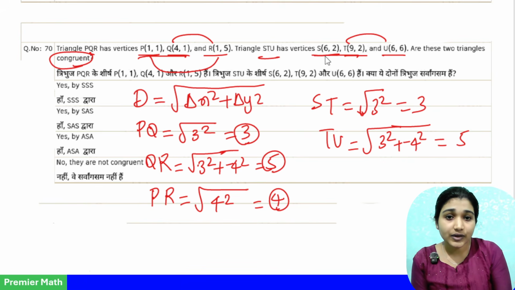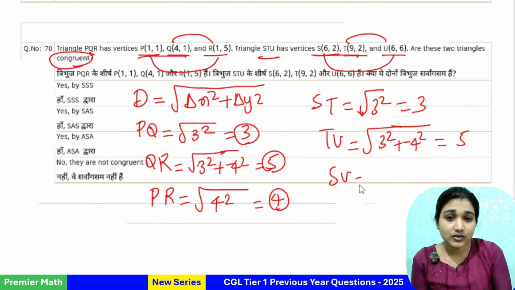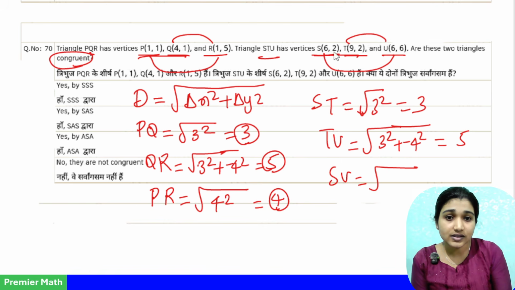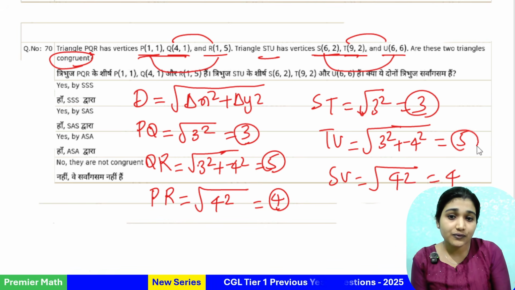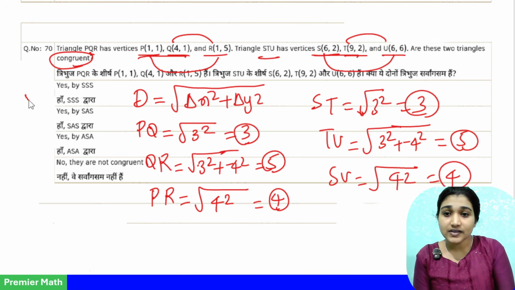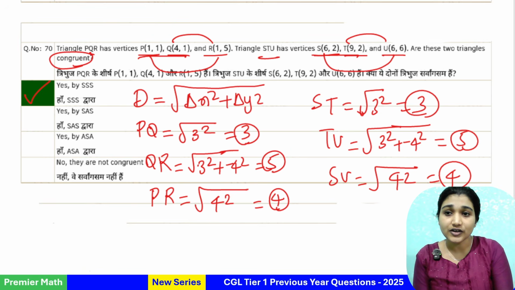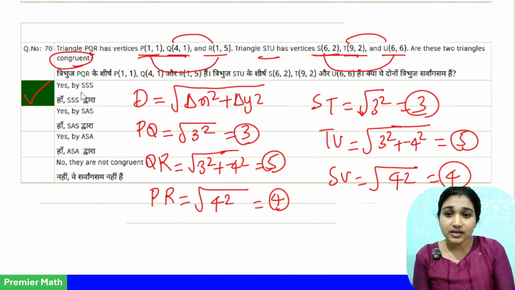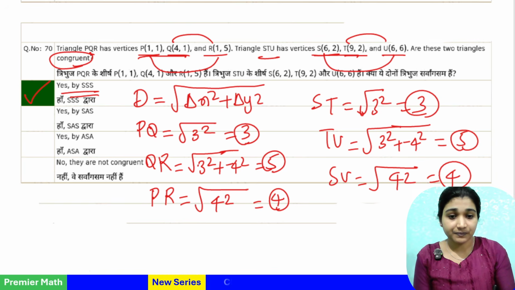Again, if you take SU, the x coordinates are equal, so just check delta y. 6 minus 2 is 4, so root 4 square is equal to 4. So 3, 4, 5. All the sides are equal, which means yes, by the SSS theorem, these two triangles are congruent, since all the sides are equal.